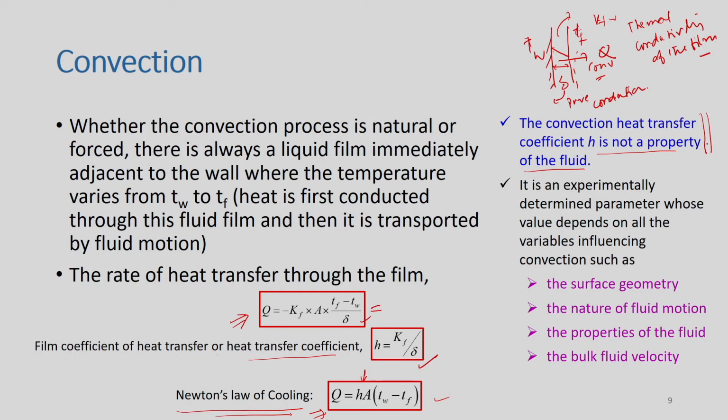It is an experimentally determined parameter whose value depends on all the variables influencing convection heat transfer, such as the surface geometry, the nature of fluid motion, the properties of the fluid, and the bulk fluid velocity. So, these parameters affect the heat transfer coefficient h.